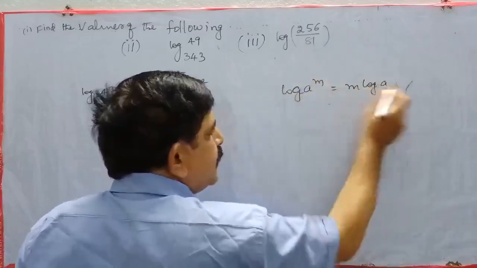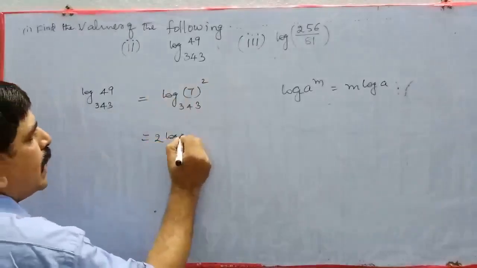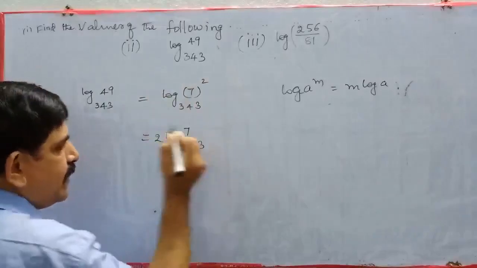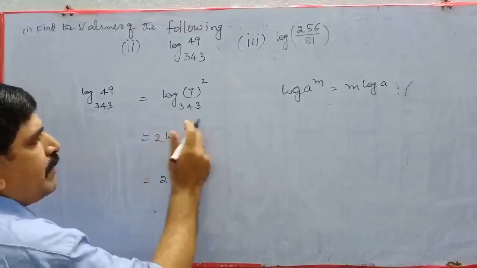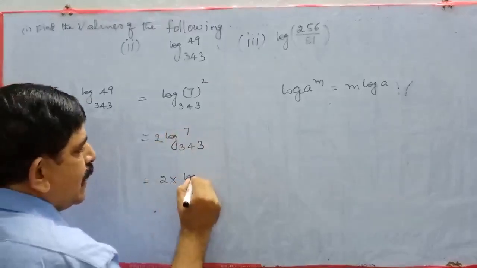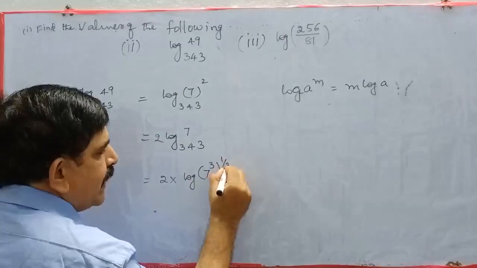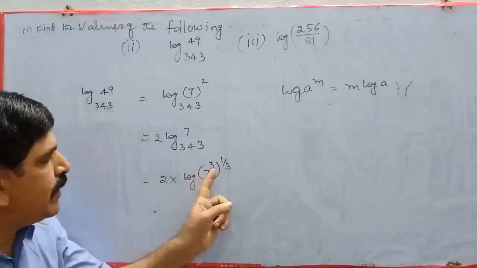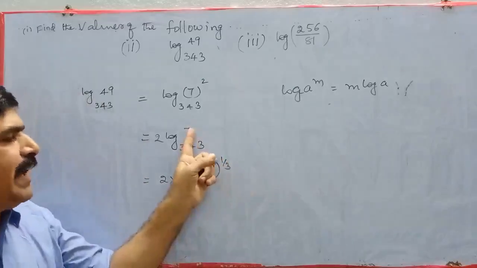Using this identity, I can write this one as 2 log 7 base 343. Next, I am writing this 7 as 7 cube whole to the power of 1 by 3, so 7 to the power of 3 whole to the power of 1 by 3. This 3 gets cancelled, you get 7 again.